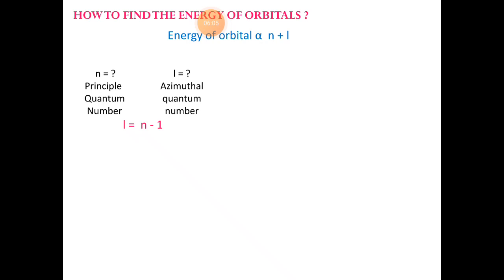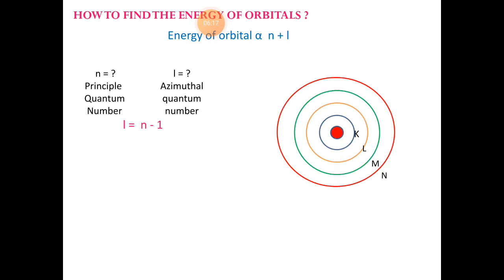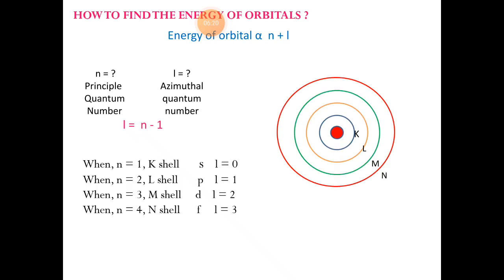As we saw earlier, n is the number of the shell, and we can determine l by using the formula l equal to n minus 1. According to that, when n is equal to 1, the K shell, only one orbital, s, is present and l is 0.